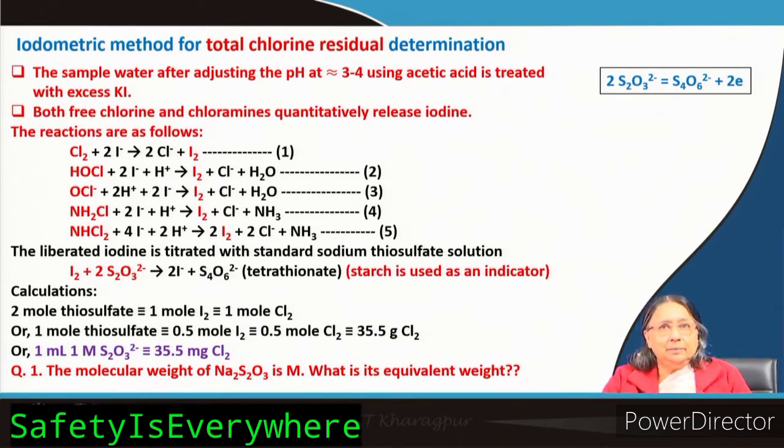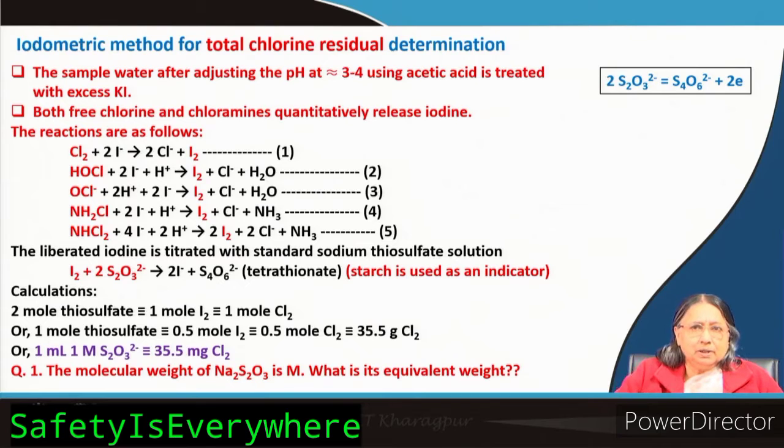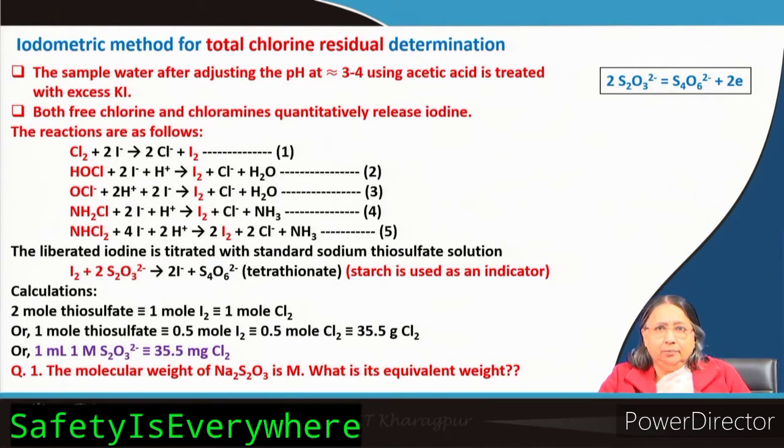So, we have not added it in the beginning. When a lot of iodine has already been transformed into iodide, and only a little iodine is there showing the straw yellow color, then we add the starch. Immediately it will be dark blue, and we continue the titration with thiosulfate. Within 3, 4, 5 drops the blue color will discharge, and that is the end point.